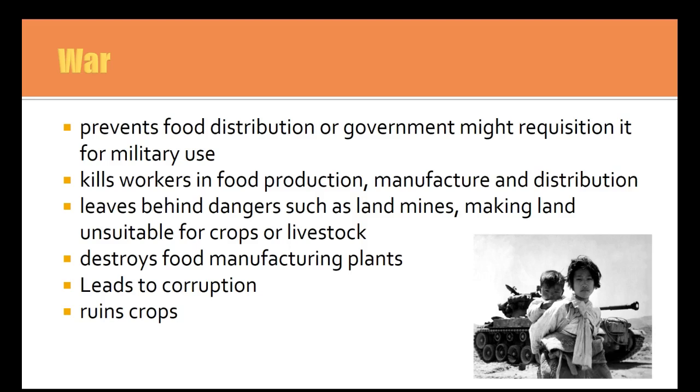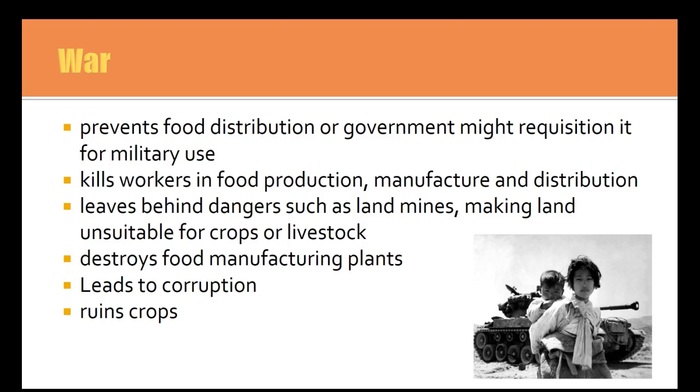So war will prevent the distribution of food, which can result in both hunger and famine. And the government might actually use food for military use only, so not for local citizens. There are also the death of workers in food production, manufacture, and distribution because they've been sent off to war.